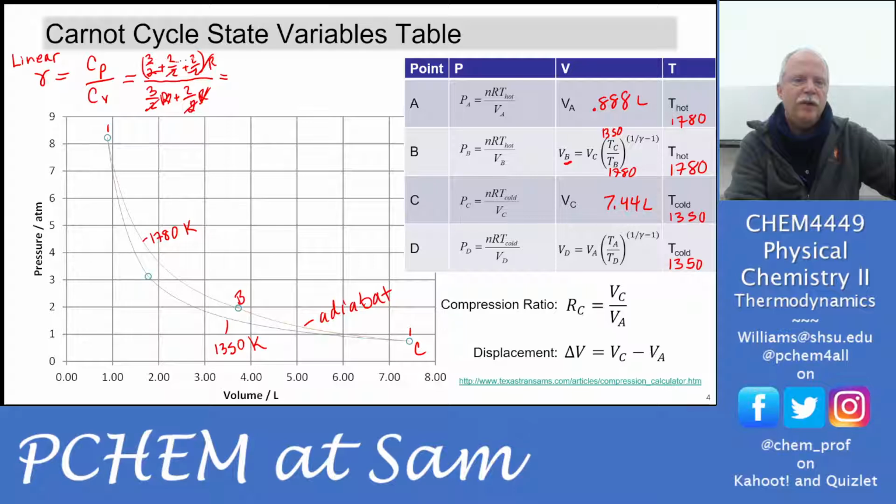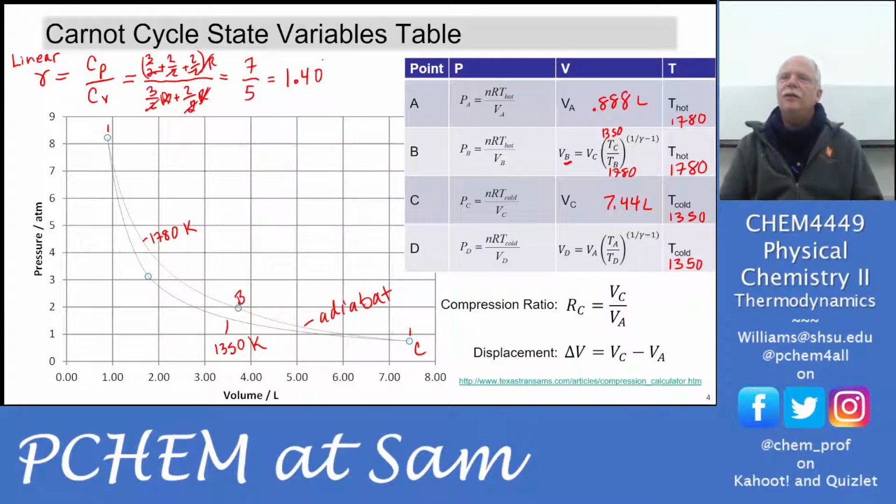And so I have 3, 4, 5, 6, 7 on top and 5 on bottom, 7/5. Should be like 1.4. There we go. So the gamma is 1.4 for a linear molecule. We had that table earlier with all three. The monatomic was 1.67, the linear was 1.4, and then the bent or more complicated molecules was 1.33. Okay, so that's our 1.4.